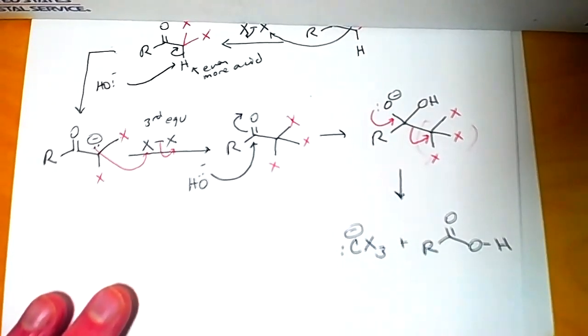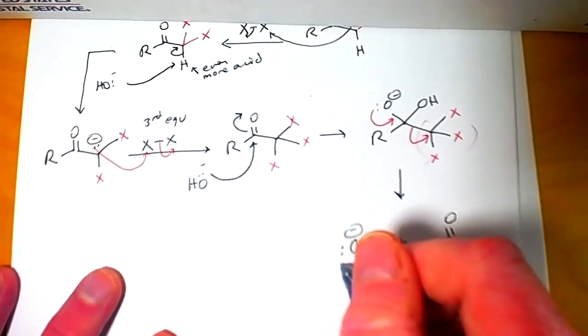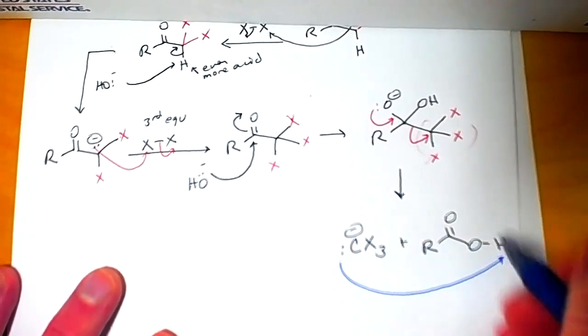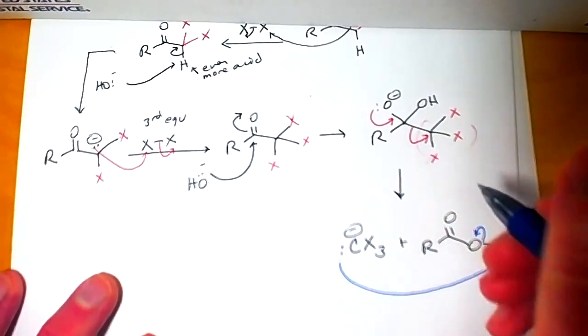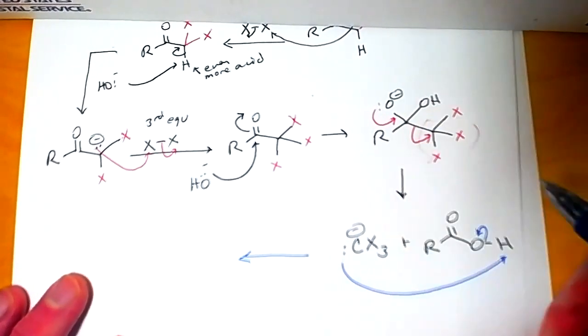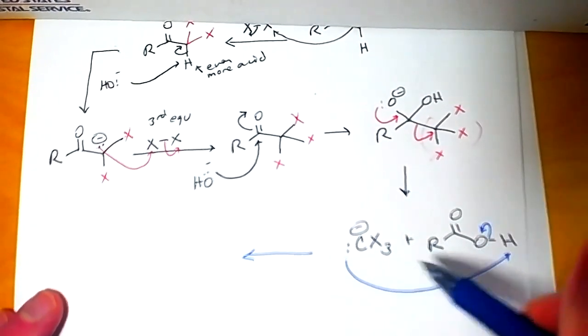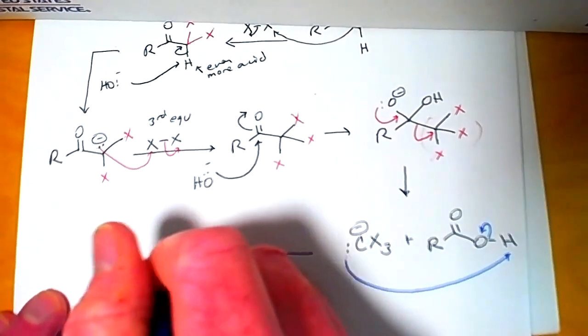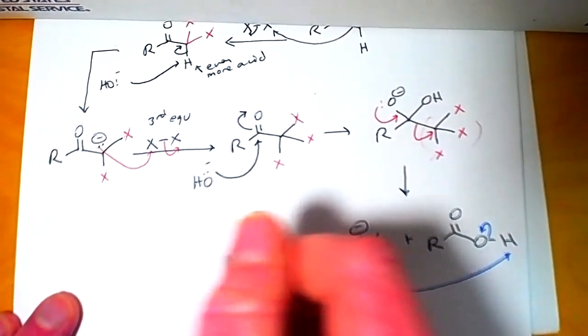Now, the hydroxide or this species is going to deprotonate this. And all of these steps are somewhat reversible, but this very last step is pretty much irreversible at this point.